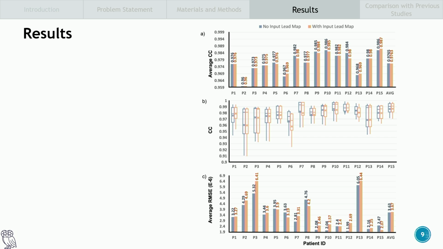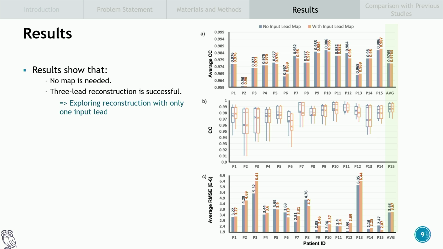As I mentioned earlier, at first we attached some sort of identification to each input to tell the model which leads we are feeding it, but we didn't include them for a set of experiments, and it turns out the model didn't need those. So we didn't include them in the rest of the results. Looking at the values, we are getting really close to 1 for correlation coefficients, which shows the success. So we thought the 3-lead reconstruction works.